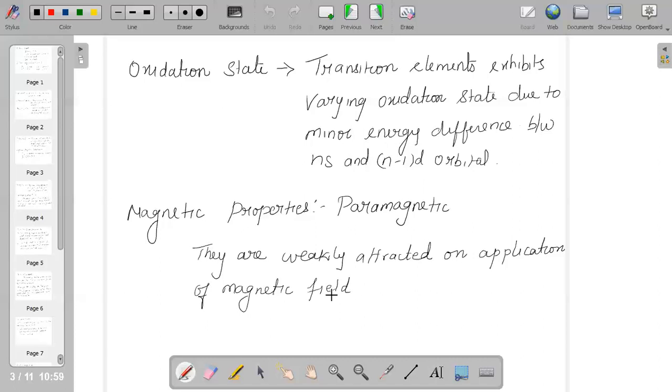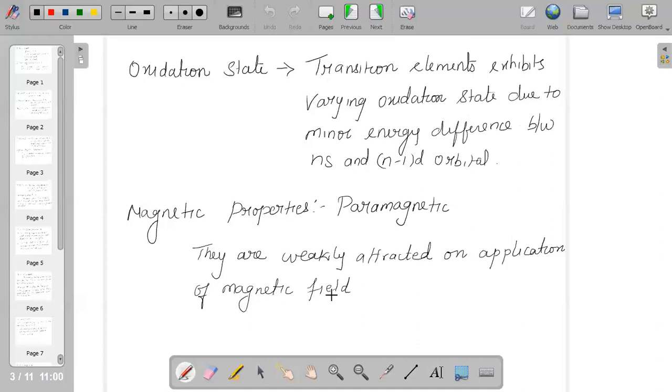This is also an important part of the chapter; in exams they give you options and you have to choose whether it is paramagnetic or diamagnetic in nature. If you write the electronic configuration of the given option, whichever has unpaired electrons will be paramagnetic, and because of the absence of unpaired electrons, it is diamagnetic. So it's very important to remember.